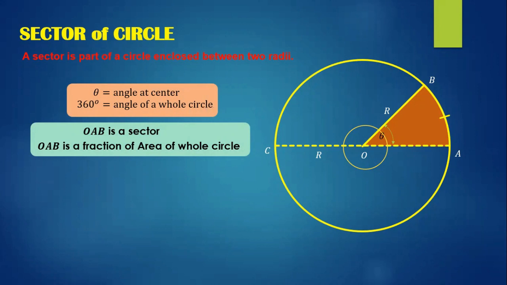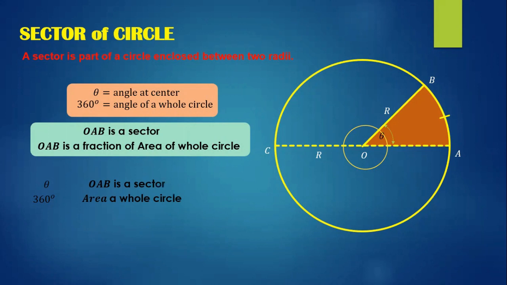So how to find the formula of a sector? Actually, finding the formula of a sector is very easy. By using the ratio technique, theta to 360 degrees, and sector OAB to a whole circle, we can find the area of the sector.